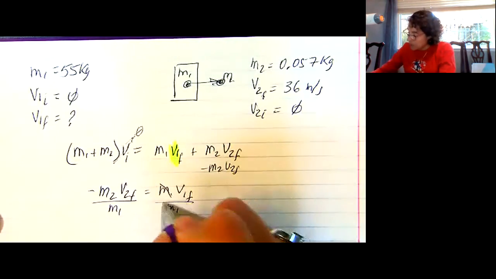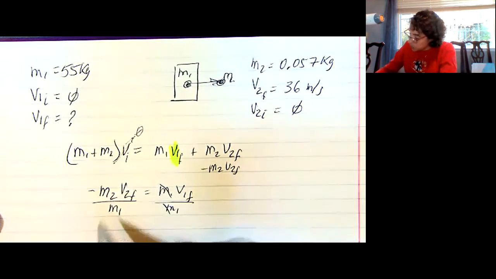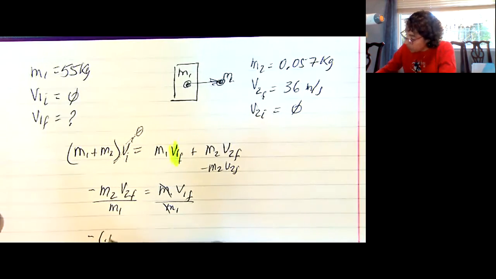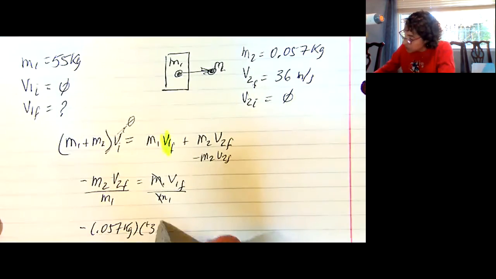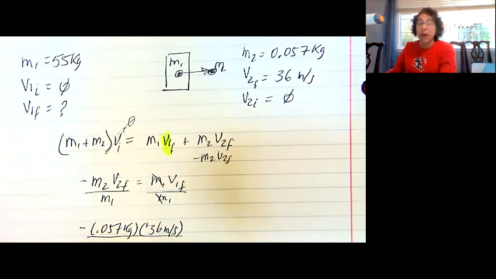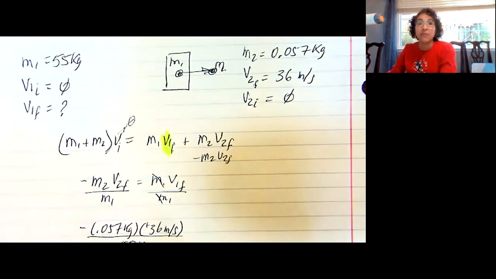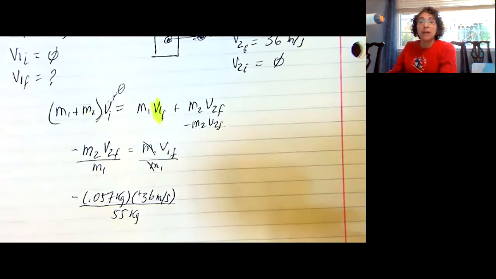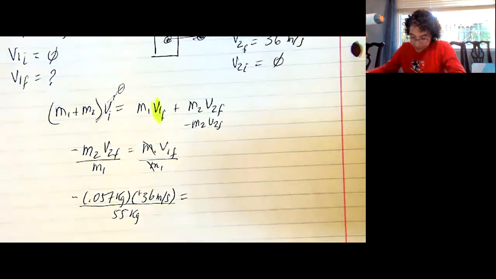The M1s cancel out, so now I can plug things in. I've got M2, negative 0.057 kilograms times the velocity, plus 36 meters per second, and I divide that by the other mass, 55 kilograms.